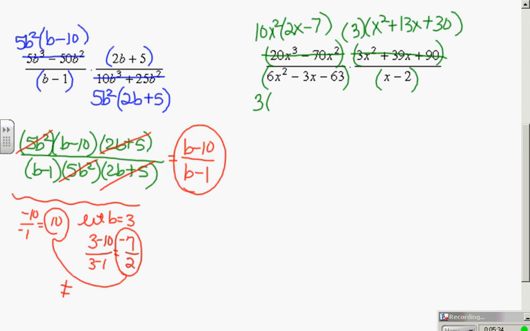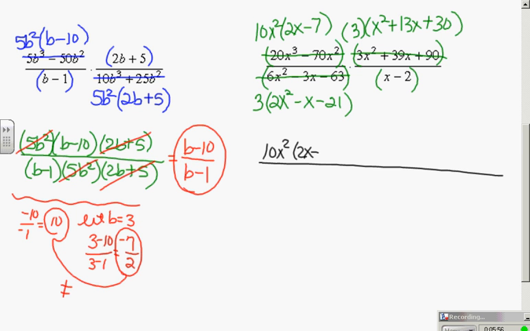6x squared minus 3x minus 63 has a greatest common factor of 3. And when I take that out, I still have a trinomial I'm going to have to come back to factor, and x minus 2 can't be simplified. Now I'm going to go ahead and keep factoring.